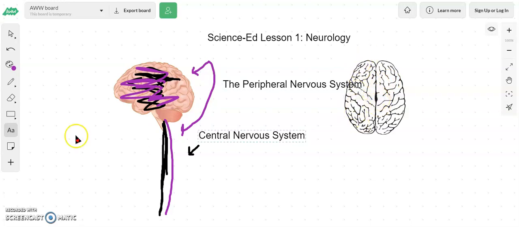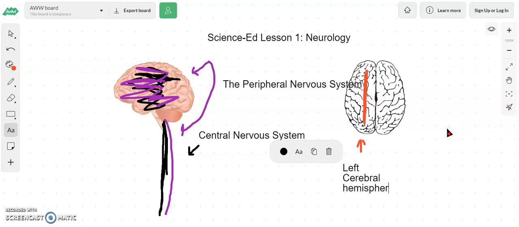The left side right here is called the left cerebral hemisphere.